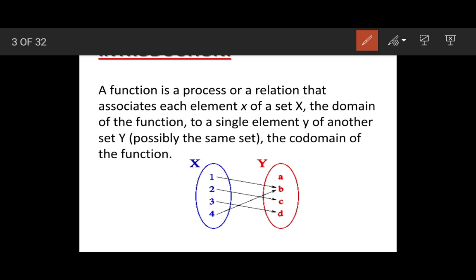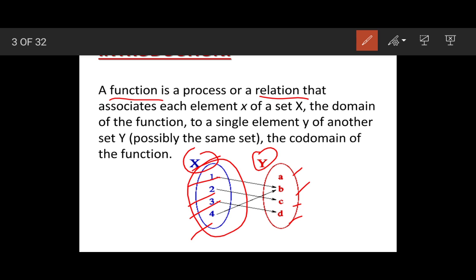There are two sets, set X and set Y. Set X has the elements 1, 2, 3, 4. Set Y has the elements A, B, C, D. Okay, so function is a relation between elements of one set and elements of another set.